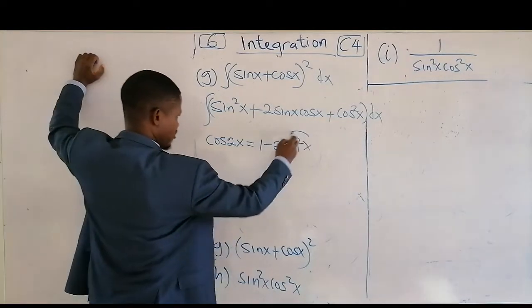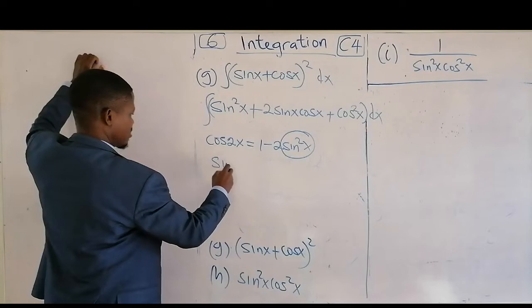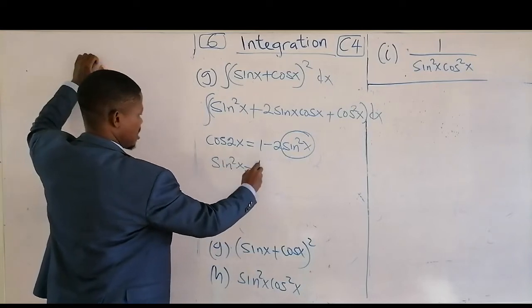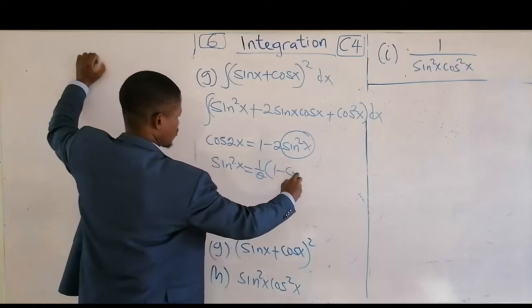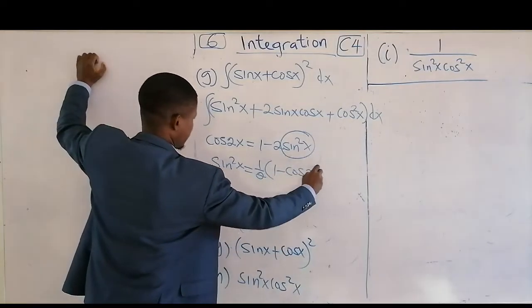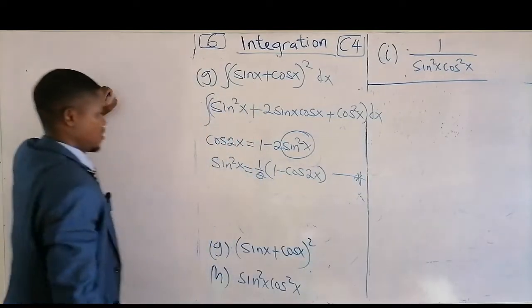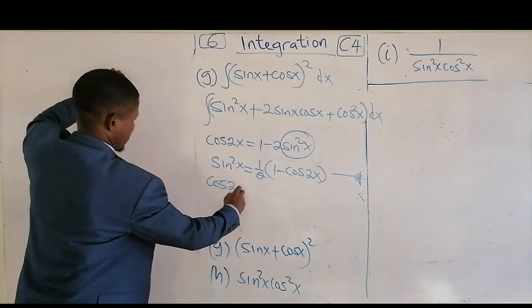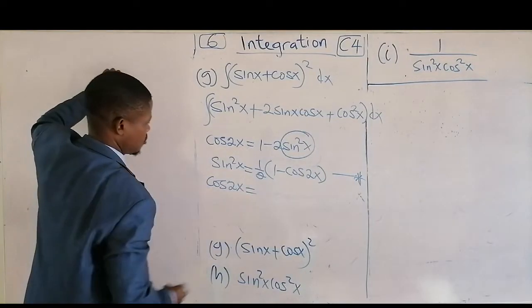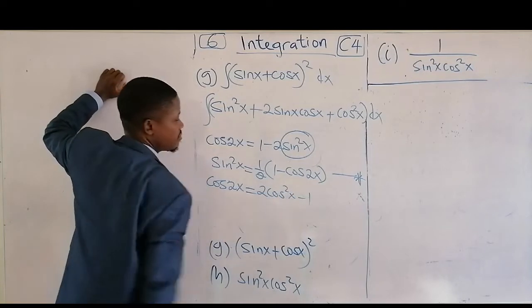So we can make this one the subject, and sine squared x is equal to half into brackets 1 minus cos 2x. That's 1.